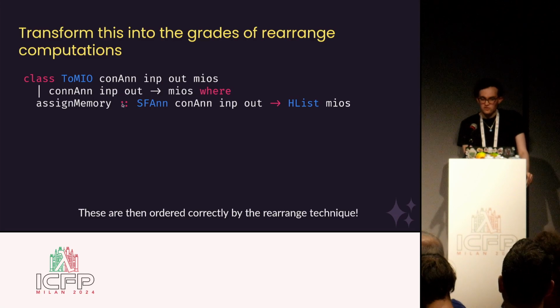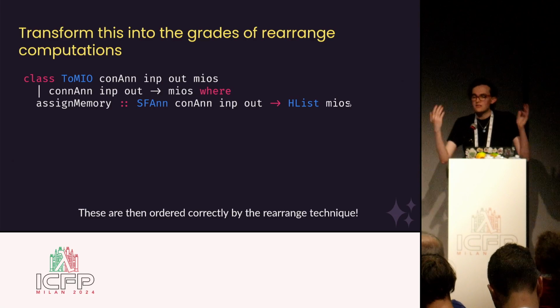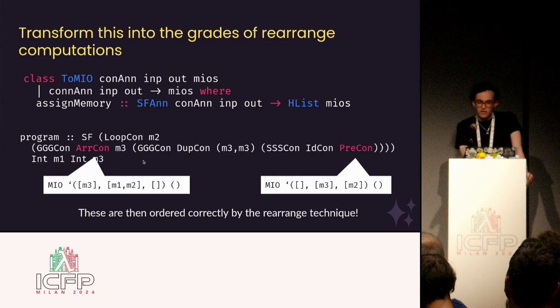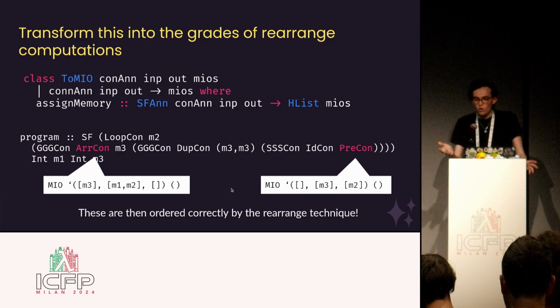So again, functional dependency means that we have this annotated structure, input and output type, and we get a heterogeneous list of the computations. I'm not going to worry too much about exactly what the type looks like, but it effectively looks for each rcon and precon and builds the respective type from the memory cells that it sees. Then we just throw these at rearrange. It orders them all for us.